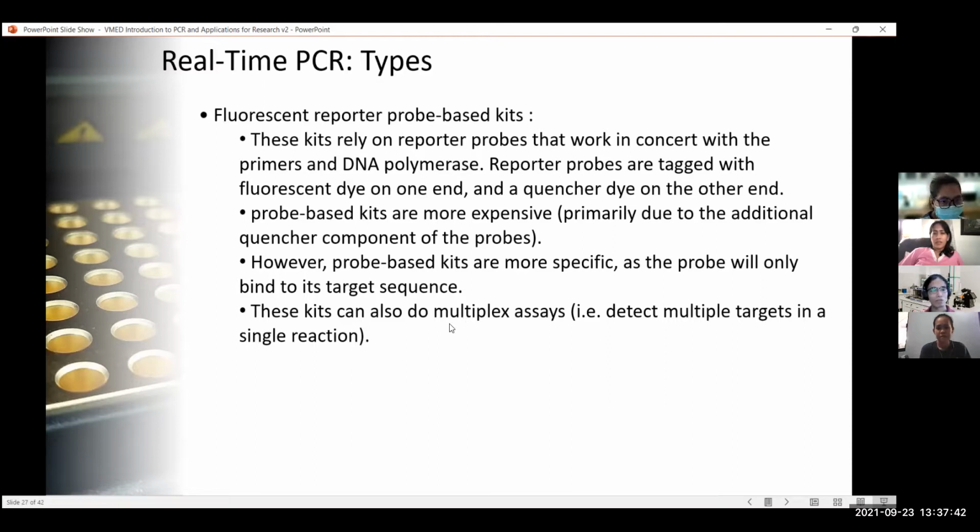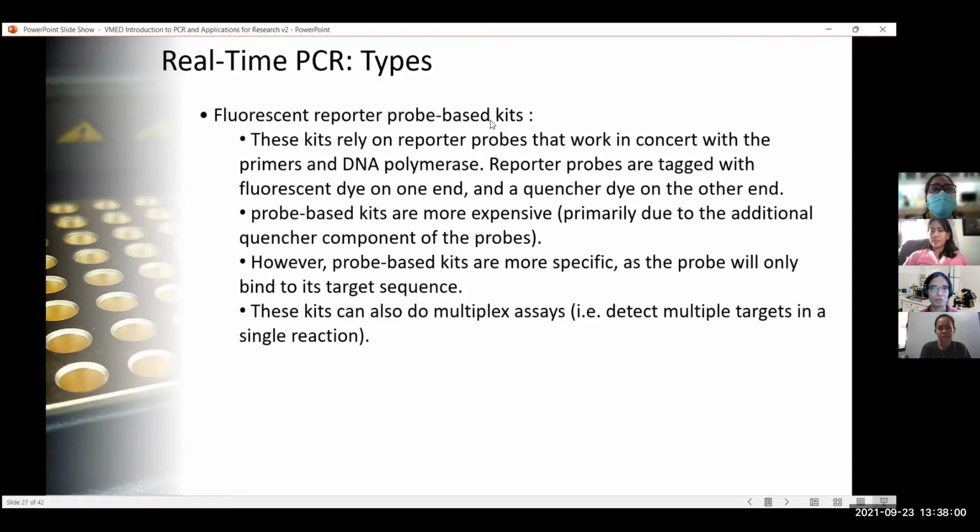For example, you want to detect, what's a good example? PED and TGE. If you want to detect both PED and TGE, if you use a SYBR Green assay, you need to use 2 tubes per sample.